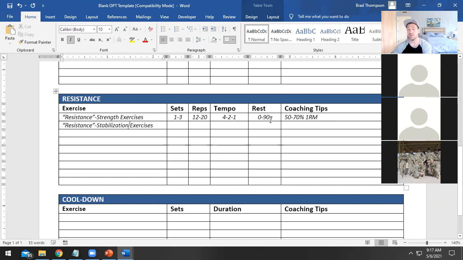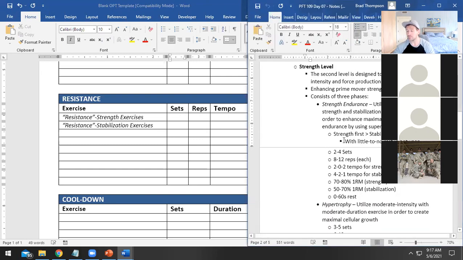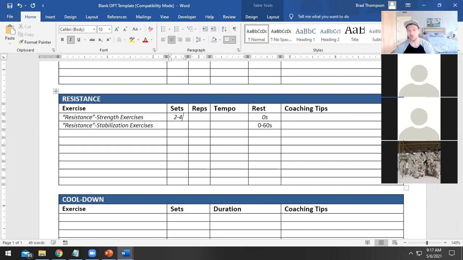So this rest period here is going to be 0 seconds, no matter what. But then this one can be anywhere from 0 to 60 seconds of rest. And then our rep ranges are going to change here as well, right? We're going to do 2 to 4 sets for both of these. Obviously, it has to be for both, considering that they're paired up.